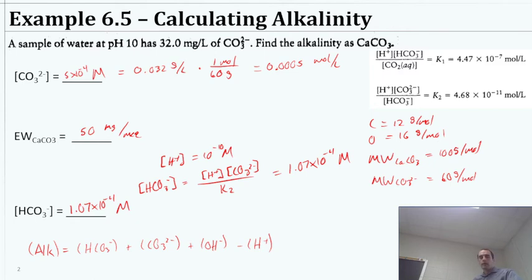To find then the bicarbonate, HCO3 minus, we need to use our equilibrium equation. And given that we are at pH 10, we know that we're in very basic conditions. This will kind of go to zero in terms of that particular quantity.